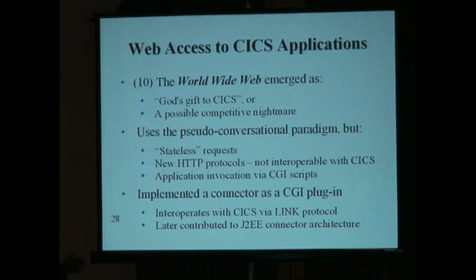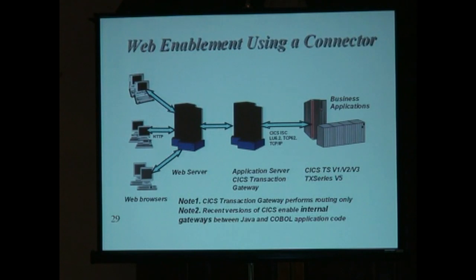Because this idea of plugging in is only, if you like, a second-class way of supporting the web. And so later still, we built support for TCP/IP and HTTP and web services and all these things directly into CICS itself. So you can have a browser talk directly to CICS these days. But we had to get there fast, was the motivation.